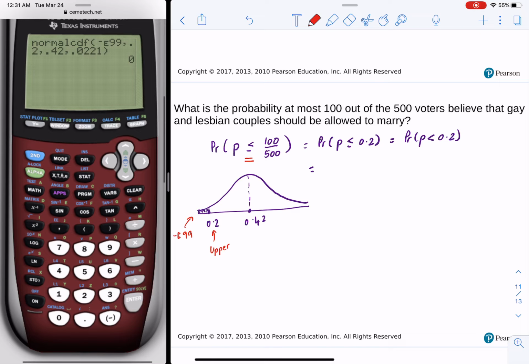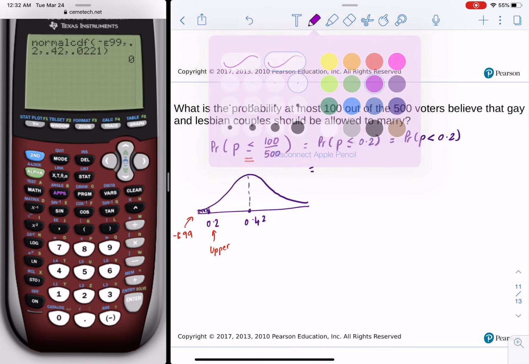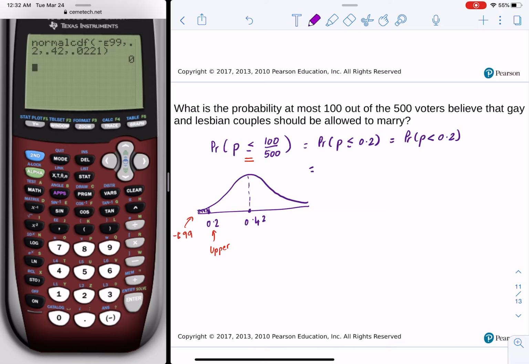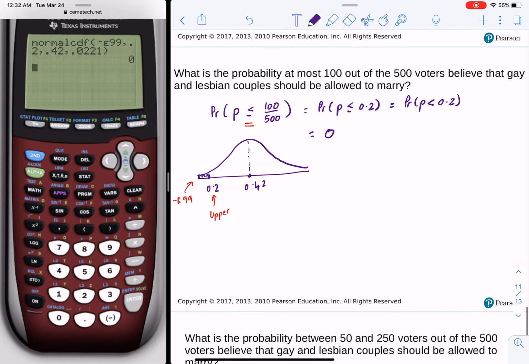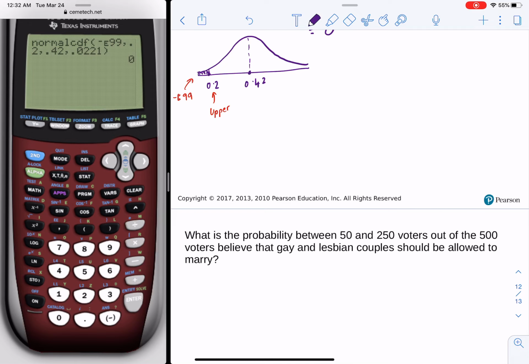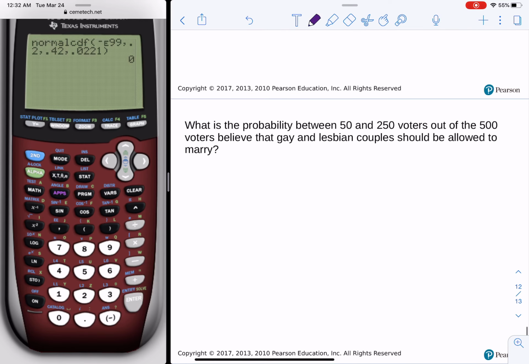So, which happens to be 0. In other words, for us to say only 22% or less out of the 500 voters we have would approve of gay and lesbian couples is unlikely. It's just impossible based on the sample, based on the information we have.